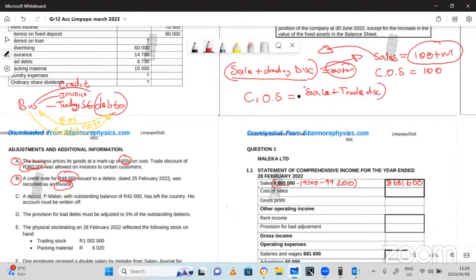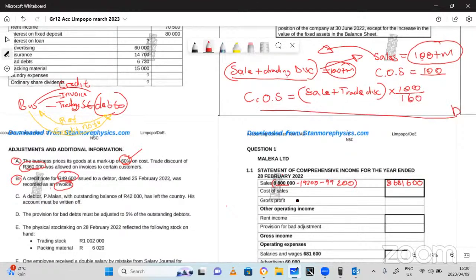After adding it, we multiply by what we are looking for, the unknown, which is 100, out of the known. What do we know? We know 100 plus markup, which in this case is 60%, so 100 plus 60 is 160.